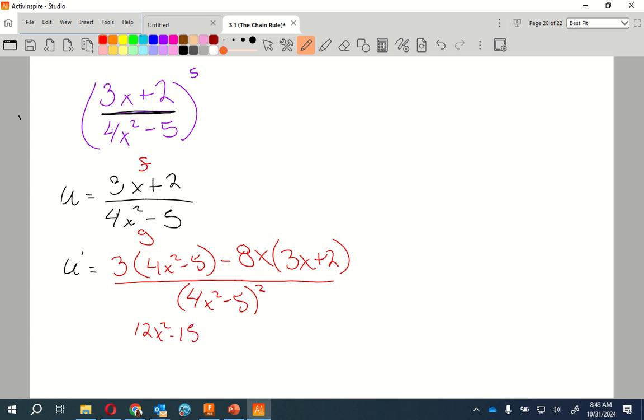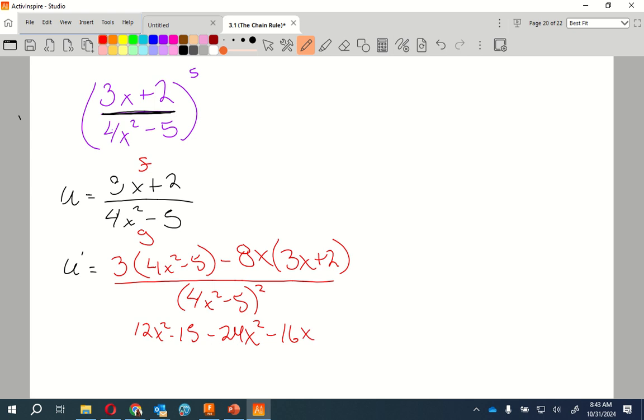When I'm over here, this is probably where everyone's going to make the mistake if you do. What am I distributing over here? A negative 8x. You have to distribute the negative also because I'm subtracting all of that. So that's going to be a negative 24x squared, and that's going to be minus 16x.